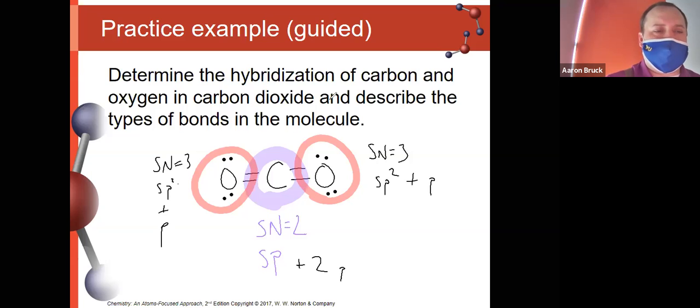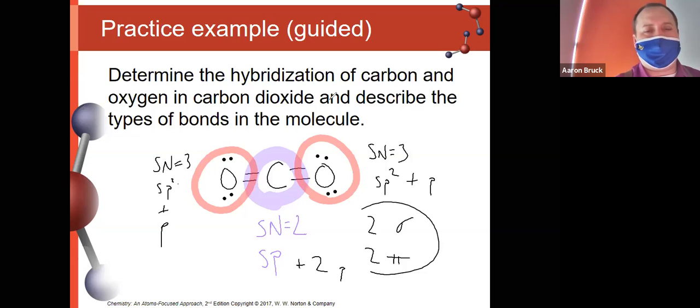So the bonding here, I have 2 sigma bonds, 1 to the carbon and oxygen on this side, 1 to the carbon and oxygen on this side, and I also have 2 pi bonds. All in all, 4 bonds in this molecule, 2 of them sigma, 2 of them pi.